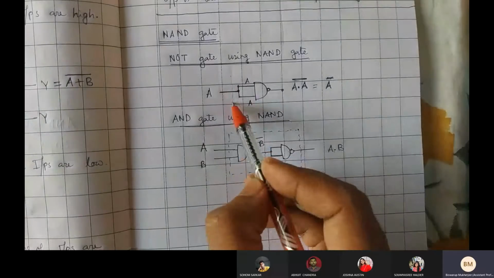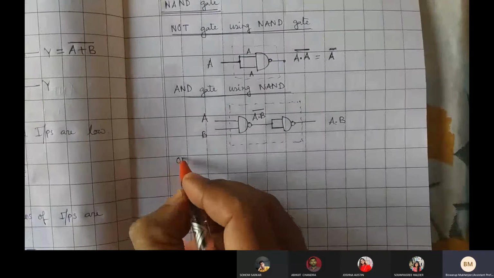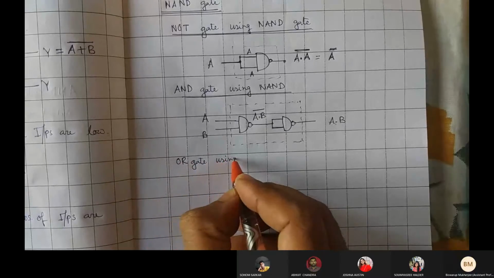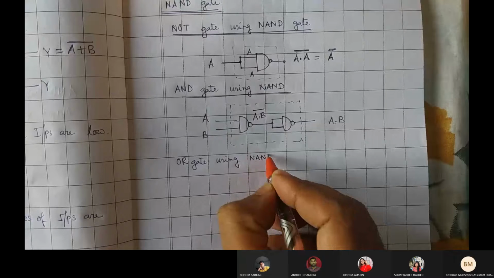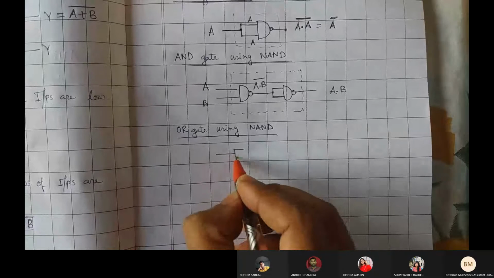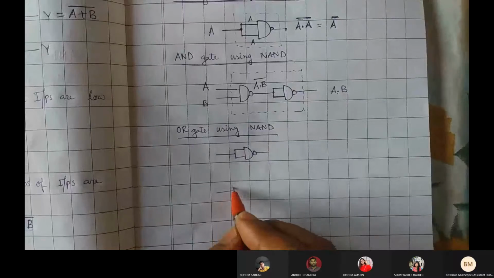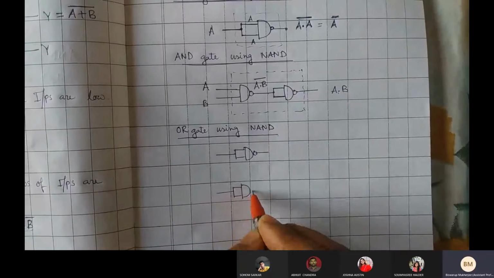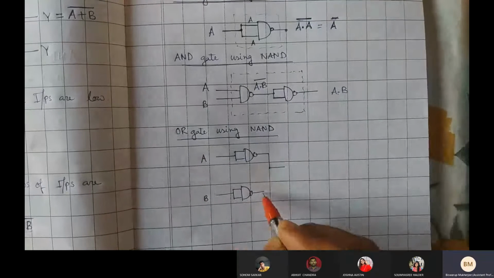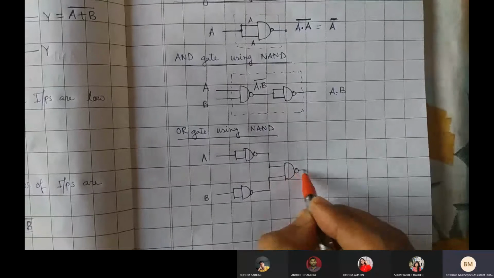Similarly, this configuration is working like NOT, and we'll be looking further at OR gate using NAND. For that, first of all we make two inversions, of A and B. Then finally we pass them through another NAND.